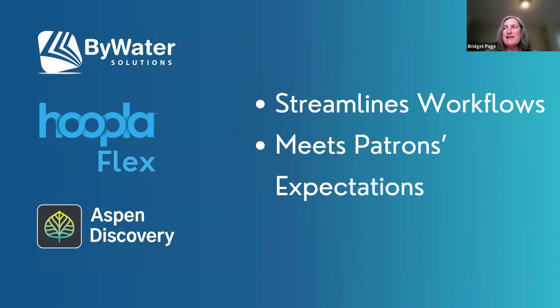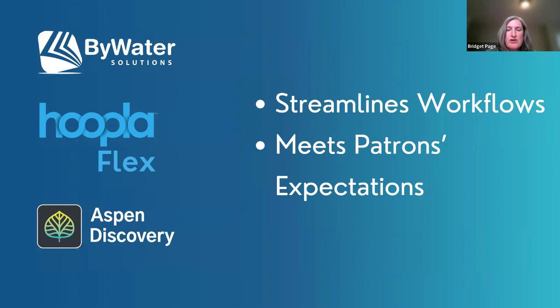Yeah, it's really adding in Flex, as the name implies, it's really about flexibility, right? We know that as patrons have wanted to see more e-content in their library, it can lead to increased library spending.